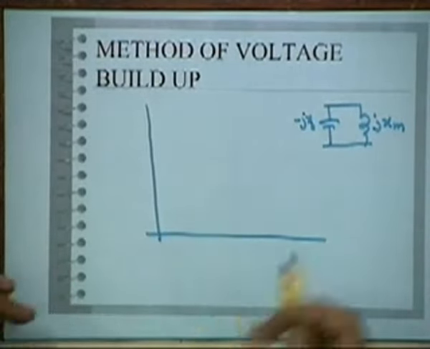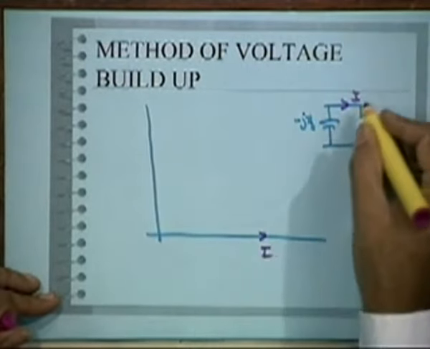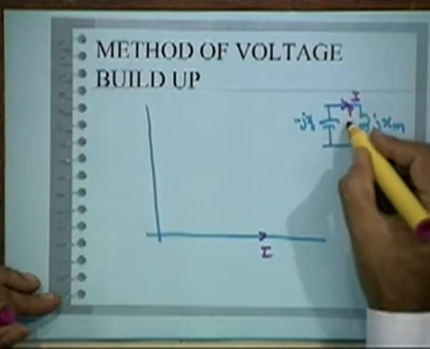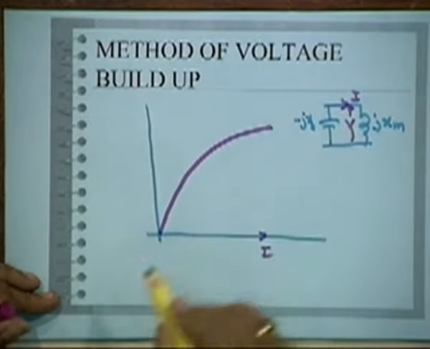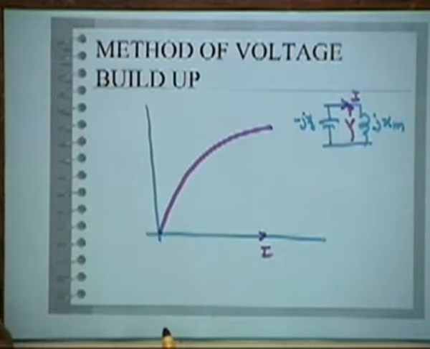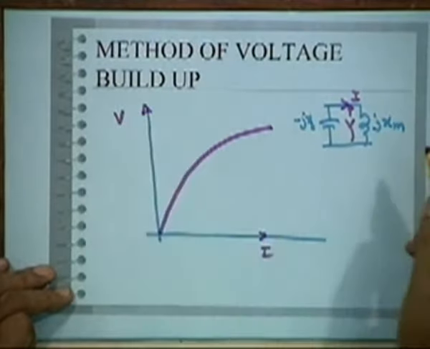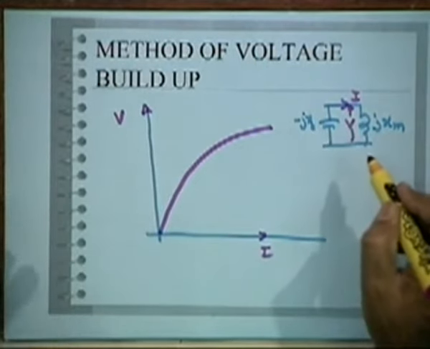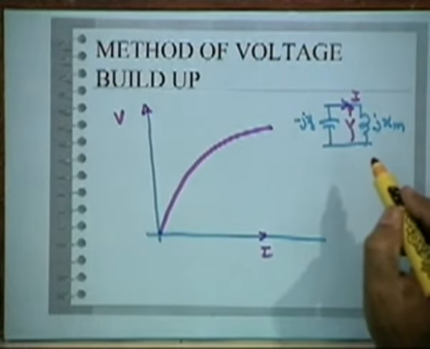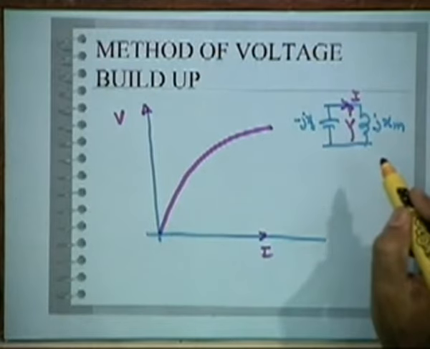Okay. Now through this, let us say I, the voltage V goes up like this. This is the magnetization characteristic of the induction machine. Voltage versus current across Xm. You assume an induction machine to be just an inductor, as if the stator impedance is 0 and the rotor is open, right, and it is an inductor.